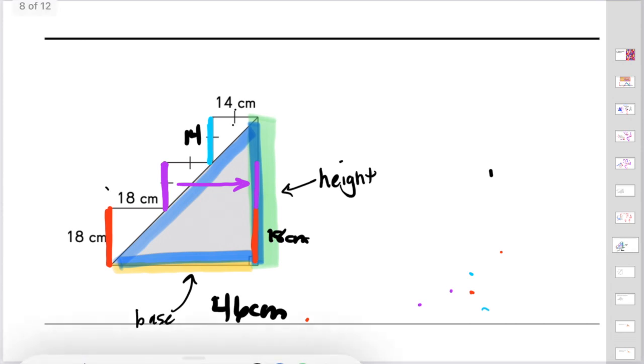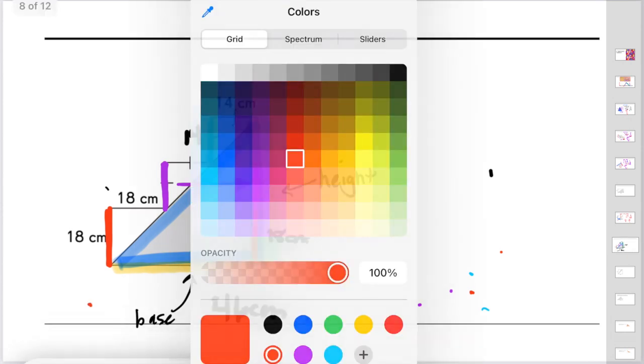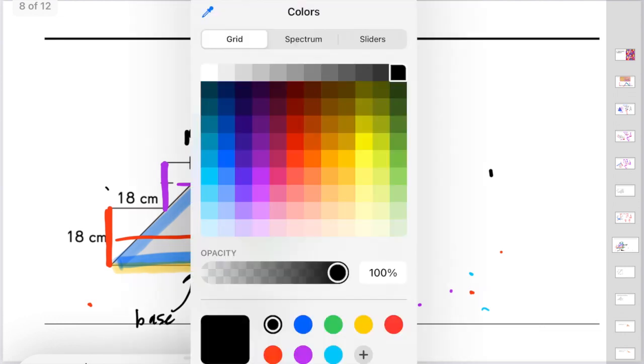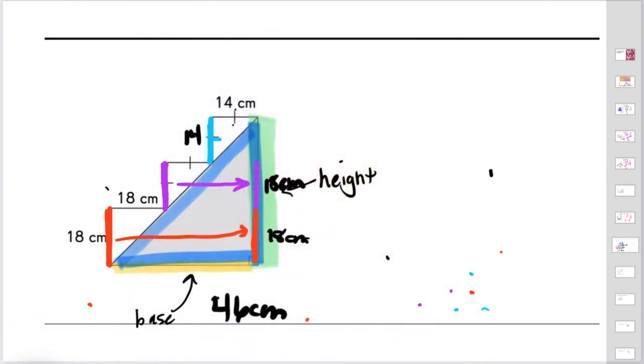So it's just as if we slid that right over there, and just as if we slid that orange length over there. And so we have another 18 centimeters. And then if we slide that 14 centimeter line over, that should finish off the measurement of the height.